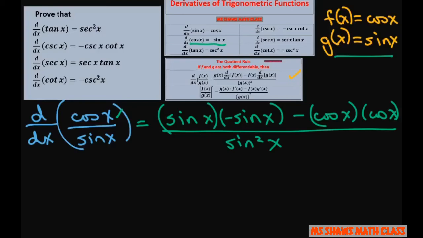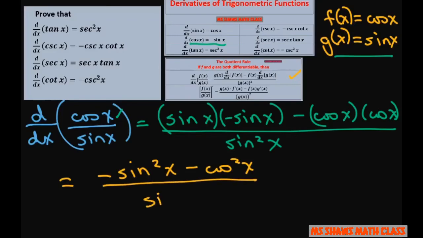Okay, now let's clean this up, and we're going to get, you multiply these two, negative sine squared of x minus cosine squared of x. If I want to rewrite this, I'm going to pull out this negative.